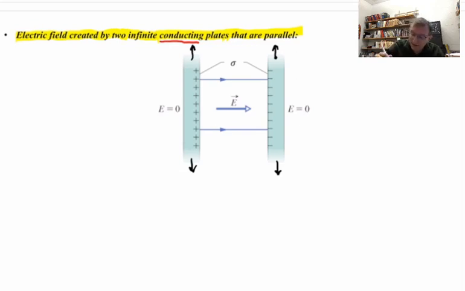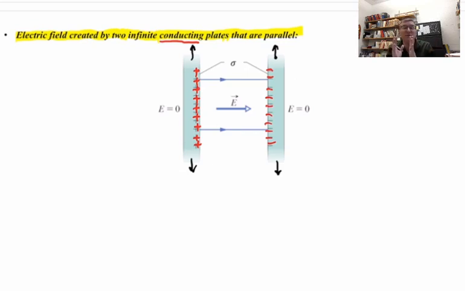And it just so happens in this picture that the left sheet was given some amount of net positive charge, and that's going to show up on its right surface. And the other sheet is given an equal amount of net negative charge, and that shows up on its left surface. Why do they show up on those sides?